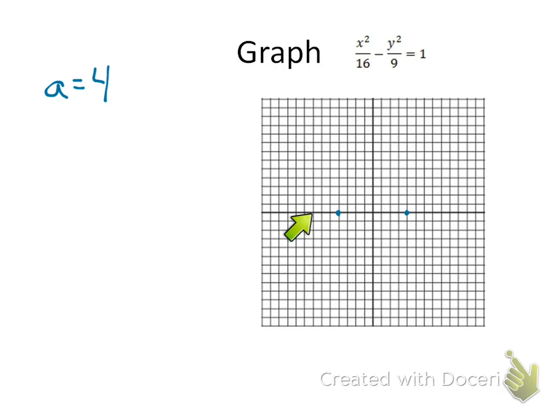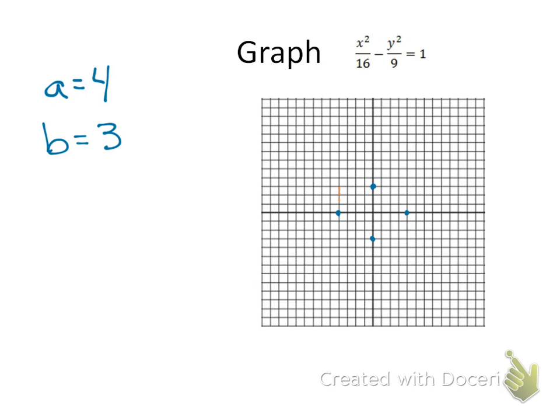So my foci will also be on that same axis. Now, to create my box, I'm going to use this b squared. Since b squared is 9, b is going to be the square root of 9. So I'll move 3 up and 3 down from the center 0, 0.